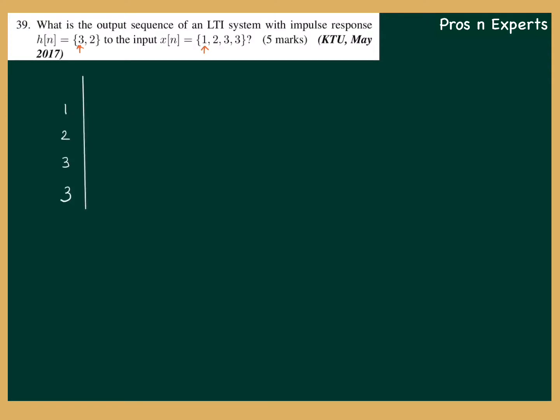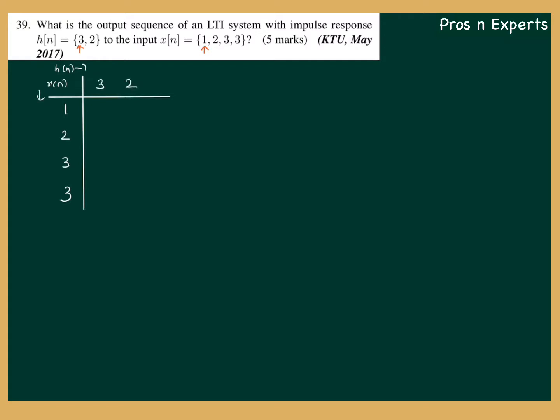There is no insistence on the order. We can take any signal in any order because convolution is commutative. So I have taken x of n in this direction, all the samples of x of n, and now h of n in this direction, 3 and 2.